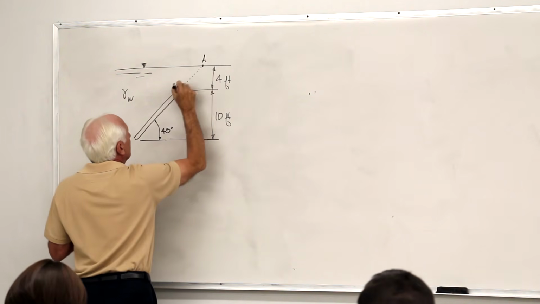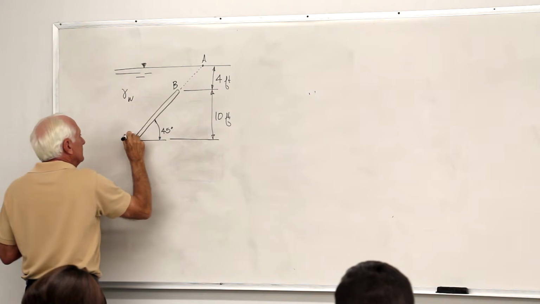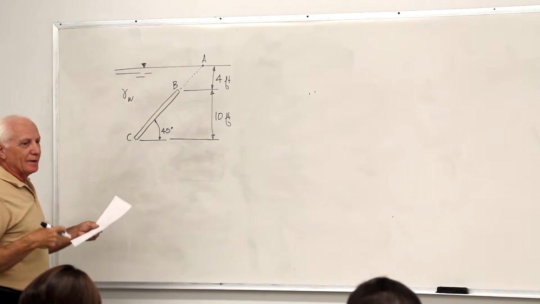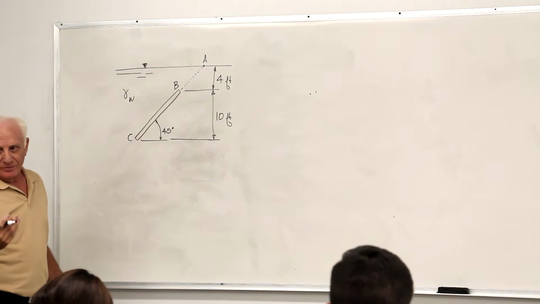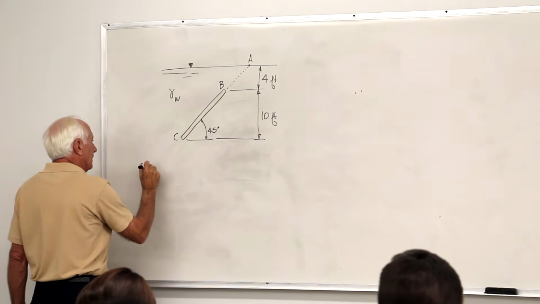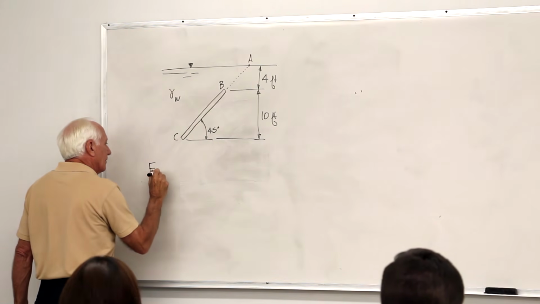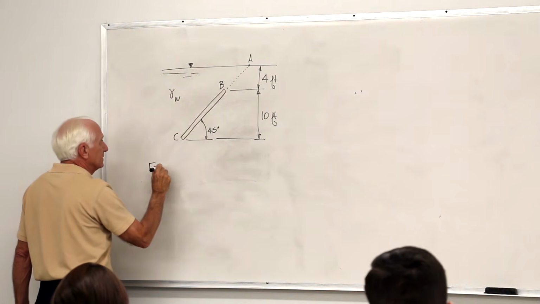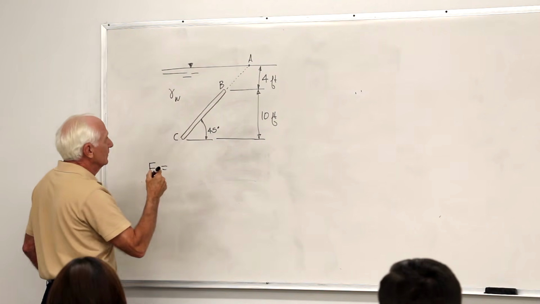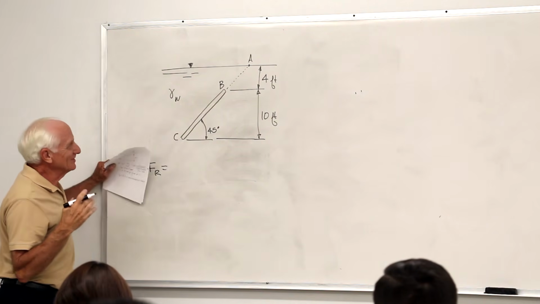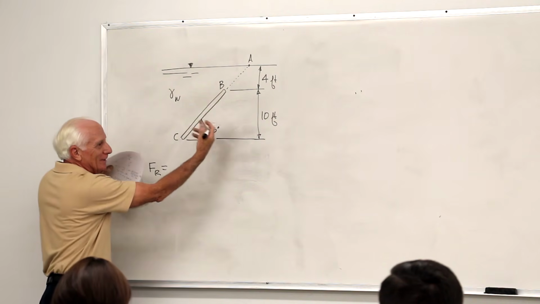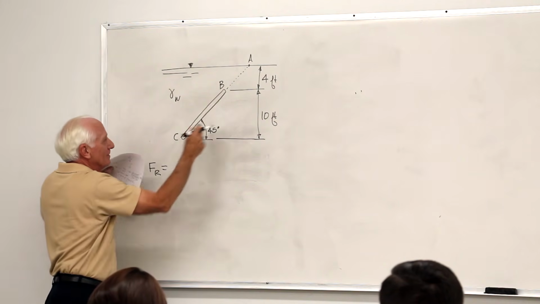A, B, C. We'll work it the way we previously worked it. F resultant on the surface BC. We're looking at the force on one side, so we're looking at the force on the bottom, due to the water over here.